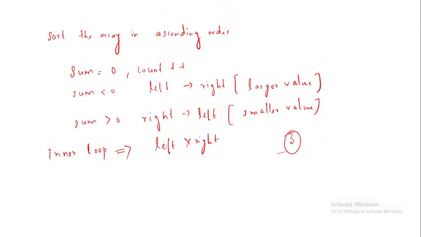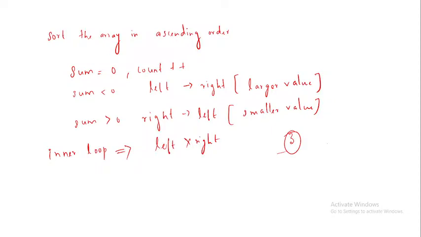If my sum is less than 0, I'll move the left pointer to the right in order to get a larger value. Similarly, if it is greater than 0, the right pointer is moved towards the left in order to get a smaller value. So until the left and right meet, which loop will run? The inner loop will run. Inside the inner loop only we are finding the sum, right?